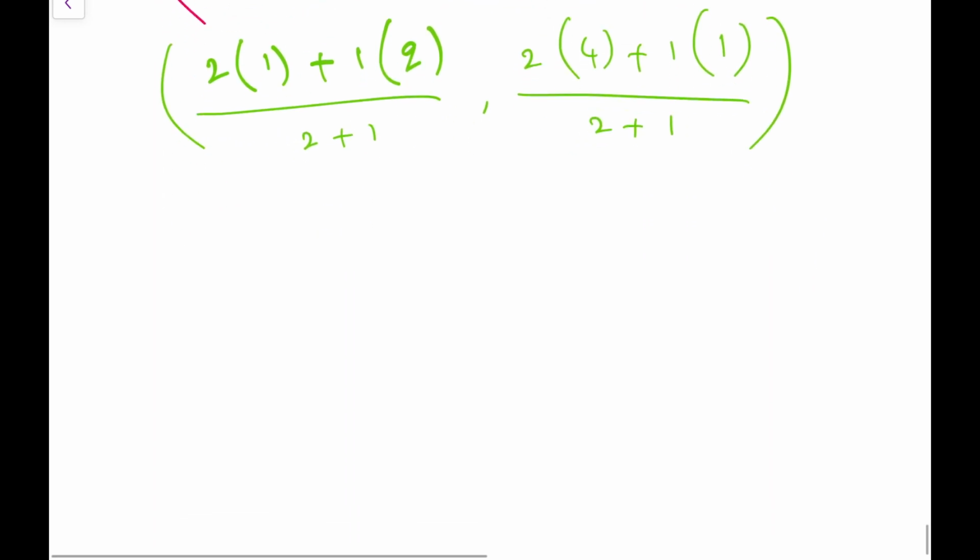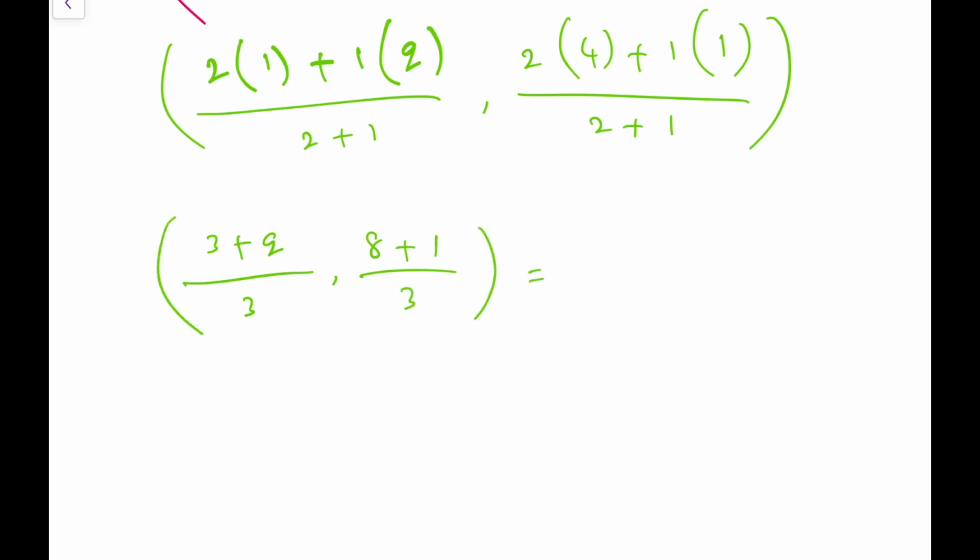Now 2 ones are 2 plus q into 1, q, by 2 plus 1, 3, comma 2 fours are 8 plus 1 ones are 1 by 2 plus 1, 3. If we simplify this, 3 plus q by 3, comma 8 plus 1, 9, divided by 3.